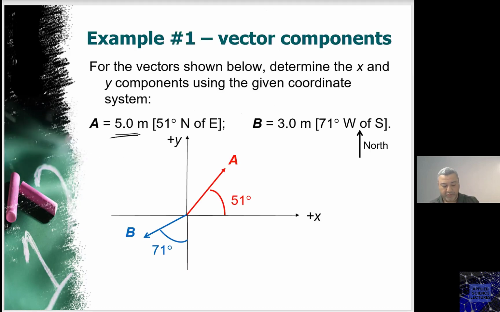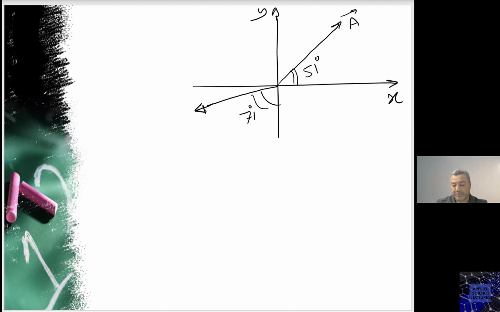So here, what do we need to do? For the vectors shown, determine the x and y components using the given coordinates. So what do we need to find? We need to find AX, AY, BX, BY. So what is AX? Don't forget that this is perpendicular.